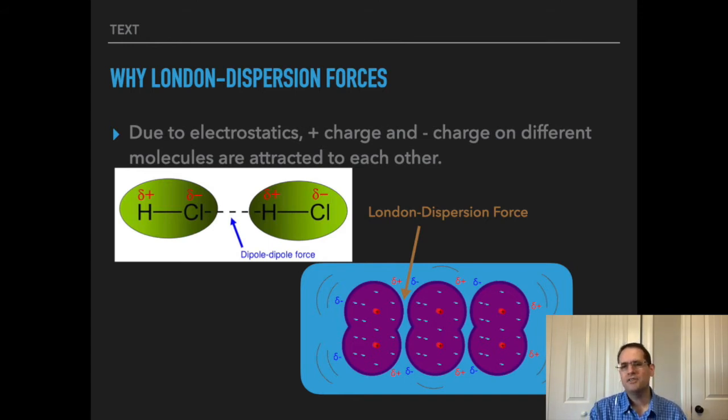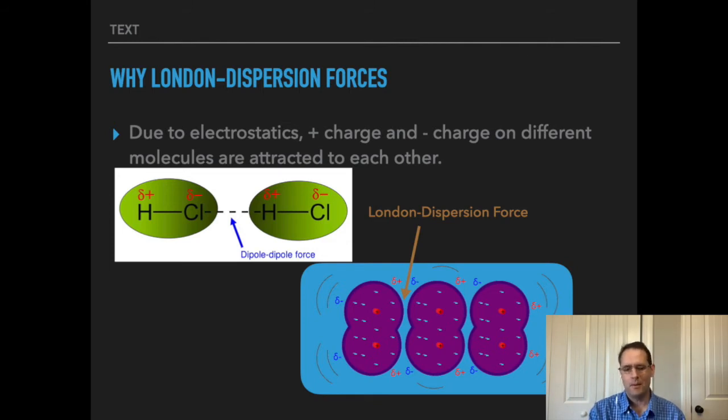Now, in contrast, the London dispersion force is a transient, very weak electrostatic attraction between two molecules, because the electrons from one molecule will be attracted to the positive parts, the nuclei, right? The nucleus is positively charged because of the protons. So the electrons will be attracted to the nuclei of other atoms and vice versa, okay?